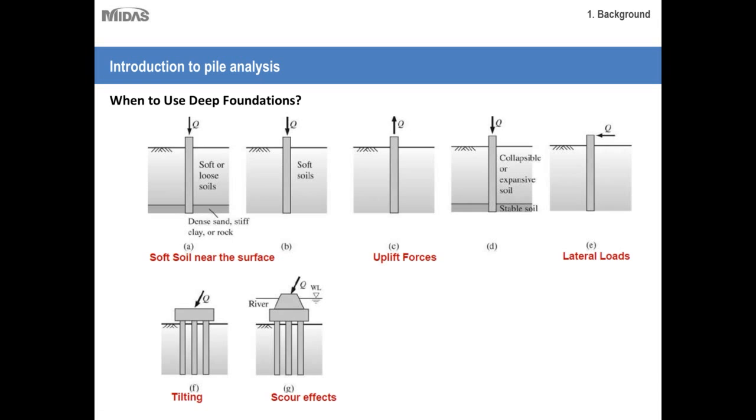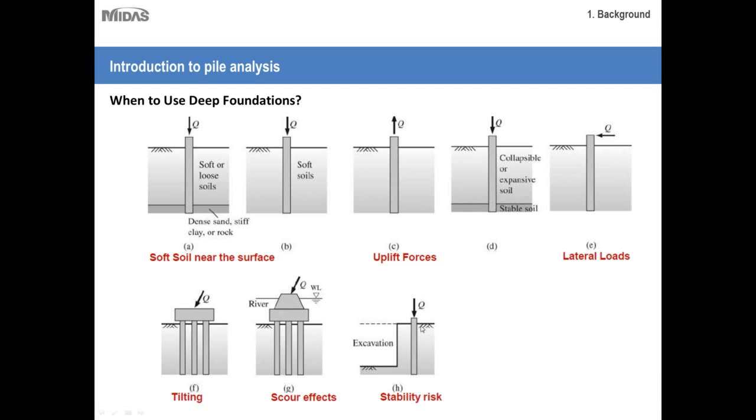Then if you are working with foundations in a riverbed, where there could be huge scouring and the piles could be exposed above the ground surface, again this represents an unstable or erodible strata. Therefore, we need deep foundations.